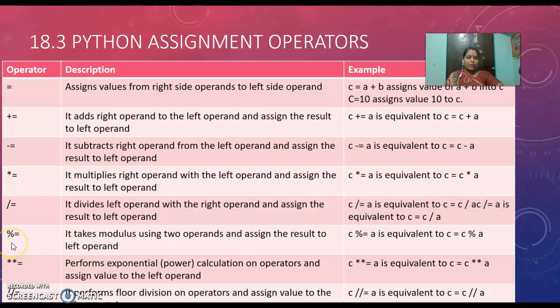Similar way, modulo division also, C mod equal to A is, first it performs C mod A, then it is assigned to C. Then exponent equal to, so C double star equal to A, first it will perform C exponent A, next the result is assigned to C itself. So double slash equal to, first it will perform C floor division A, the result of that is stored in C itself.